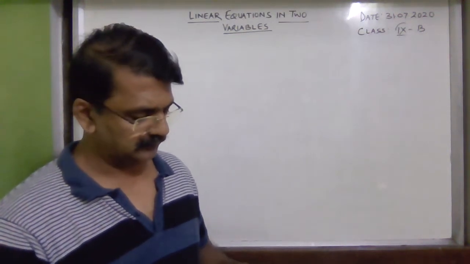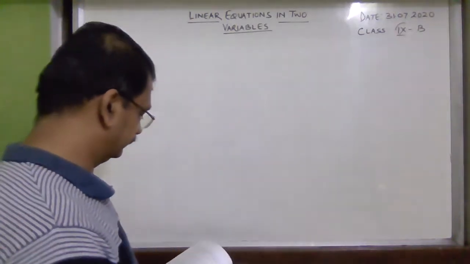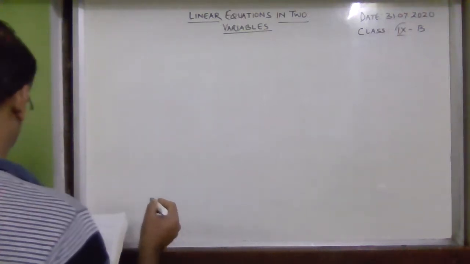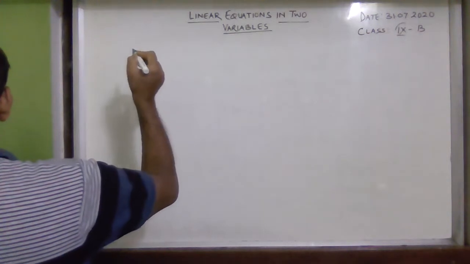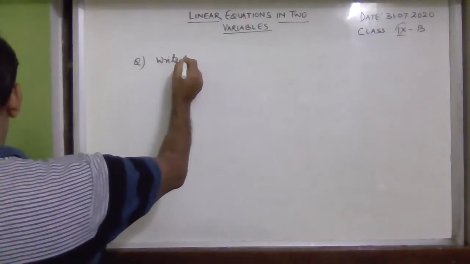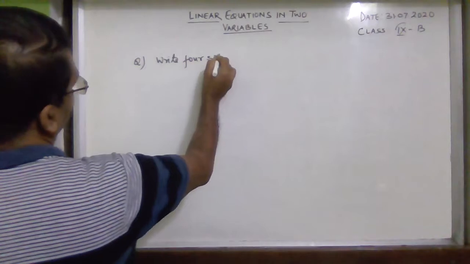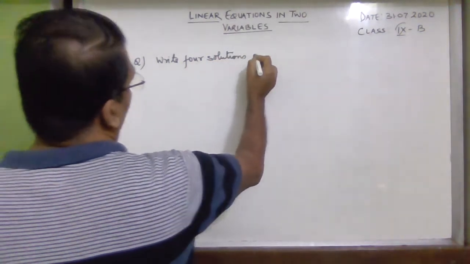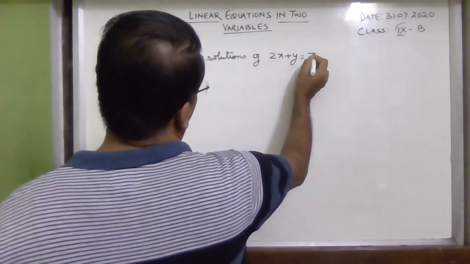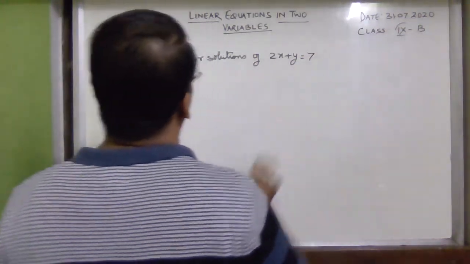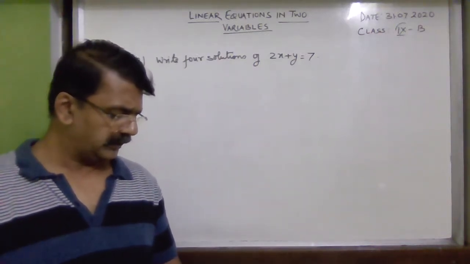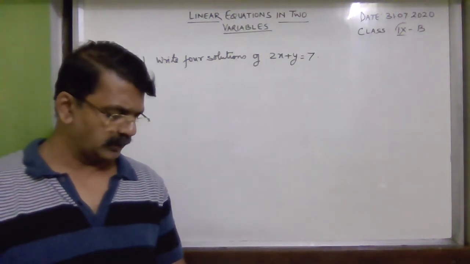The next question. Write 4 solutions of the equation 2x plus y is equal to 7. 2x plus y is equal to 7, and you have to write 4 different solutions.